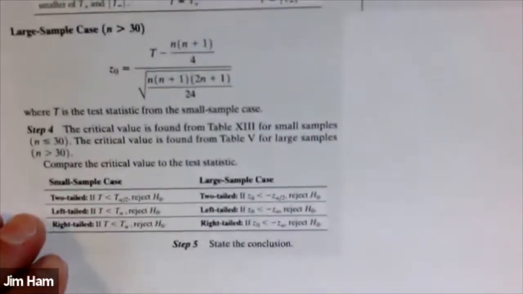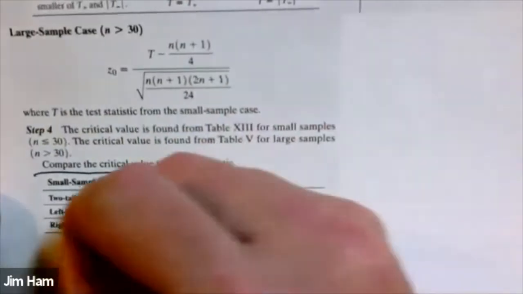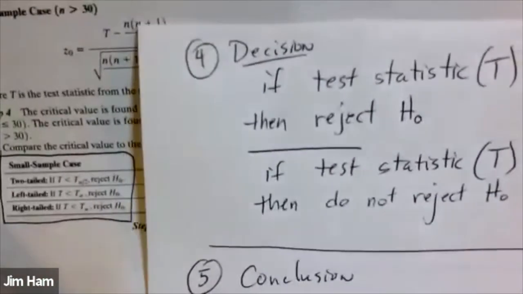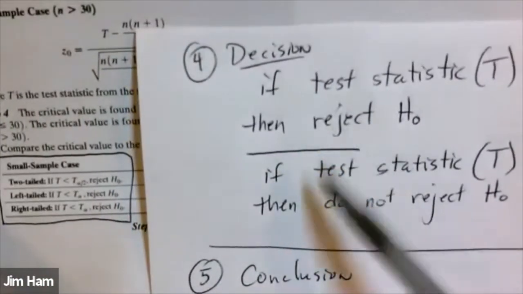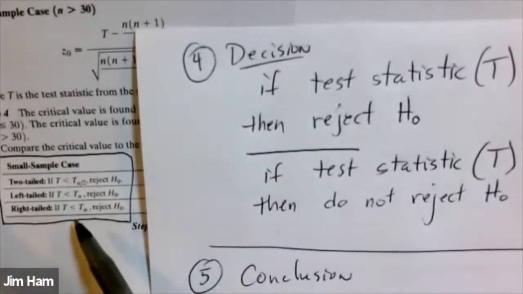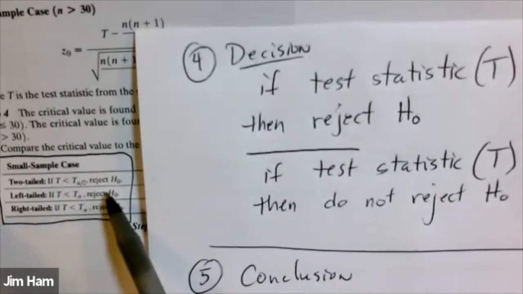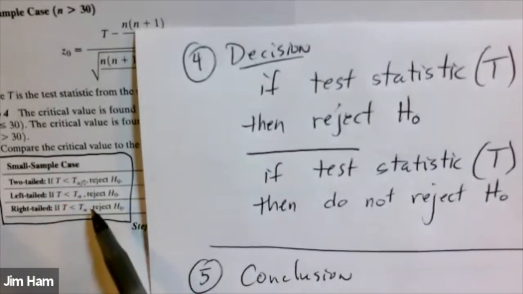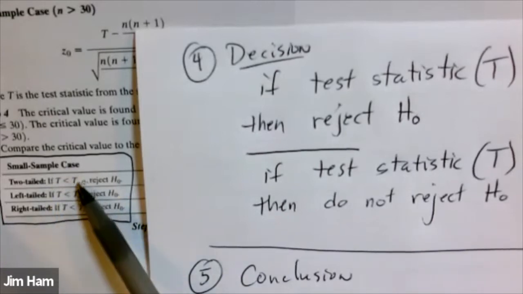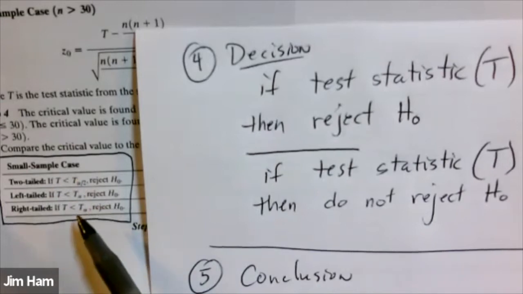And the only other thing I want to show you here is the decision rule down here. I wrote it like this because I think this is maybe easier to understand. And they wrote it like this. And notice every single time you reject if T is less than the critical value. If the test statistic is less than the critical value, you reject. Otherwise, do not reject.